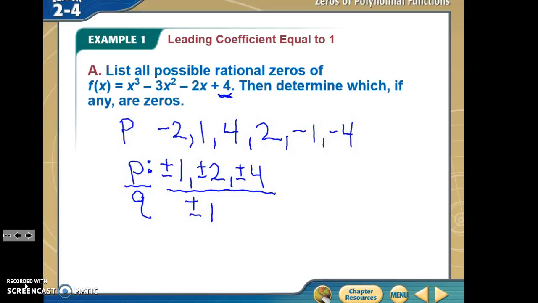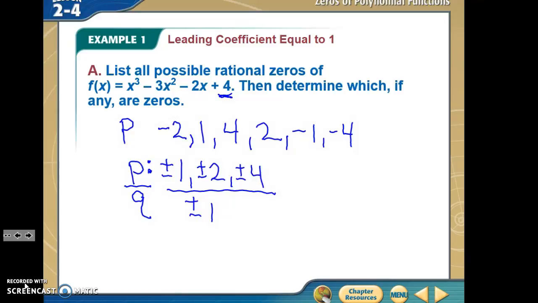We have 1 over 1, negative 1 over 1, 2 over 1, negative 2 over 1, 2 over negative 1, negative 2 over negative 1, 4 over 1, negative 4 over 1. We have all of those possible combinations. Does that make sense?